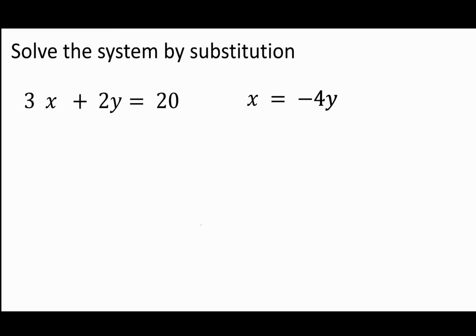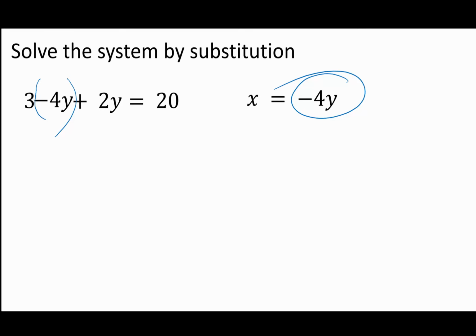Okay, in this problem, notice the difference. I have x is equal to instead of y is equal to. So in this, instead of plugging in for y, I'm going to plug in for x. Now again, just like with the previous problem, we have a number multiplying to the x, so we have to multiply to what we're plugging into.